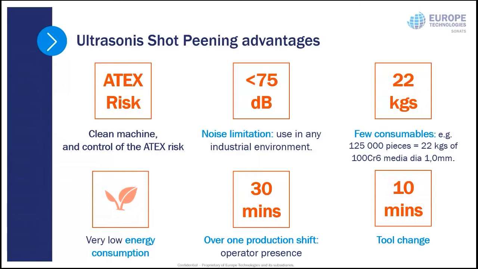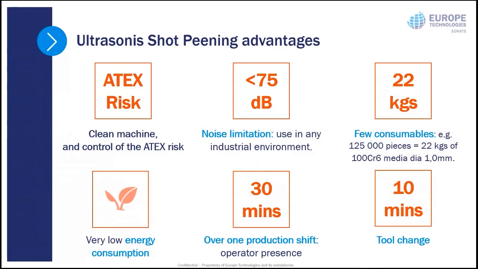A low energy consumption is a positive effect as well. If I take the previous example of the 4-station machine, we can roughly estimate about 1 kilowatt per hour and 12 cubic meters per hour of compressed air used for the cooling of one machine. A USP machine can be fully automated for parts and media handling.